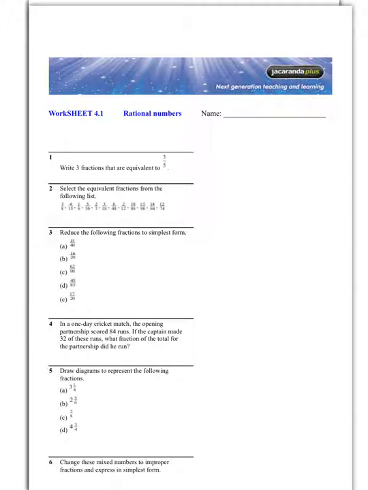So for example, I'm going to write that 3/5 multiplying the top and bottom by 2 equals 6/10, or multiplying the top and bottom by 3 equals 9/15, or multiplying the top and bottom by 4 equals 12/20. And if I simplified all three of those fractions to their simplest equivalent, they would all simplify down to 3/5.